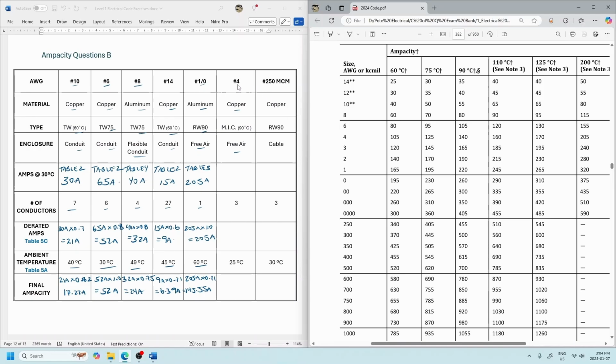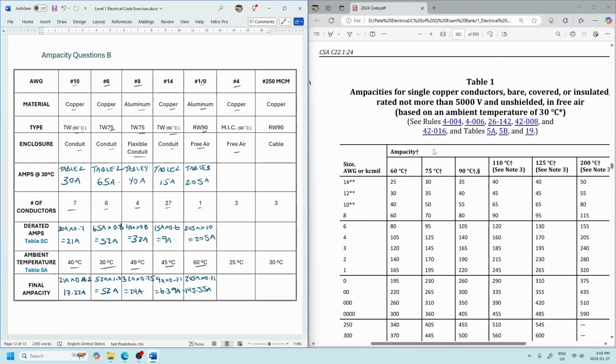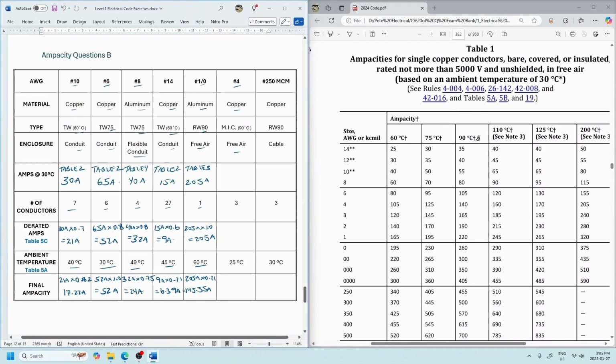And so size of conductor is number 4. Okay, we're free air there, so we're in table 1. And if we look in the 90 degree column at number 4s, those guys are good for 140 amps. Okay, there's 3 of those conductors run in free air, so we're going to remain at 140 amps.